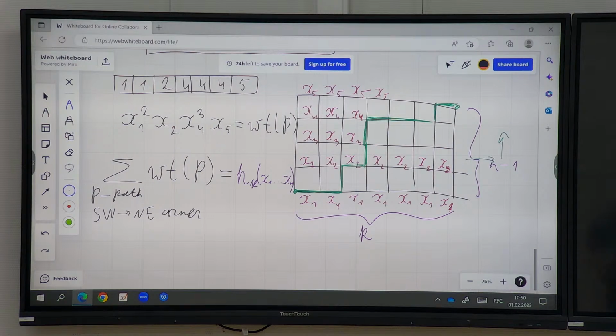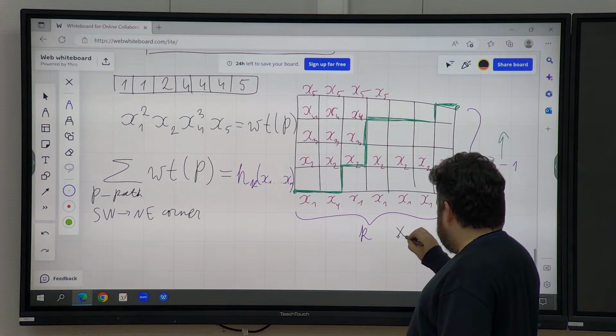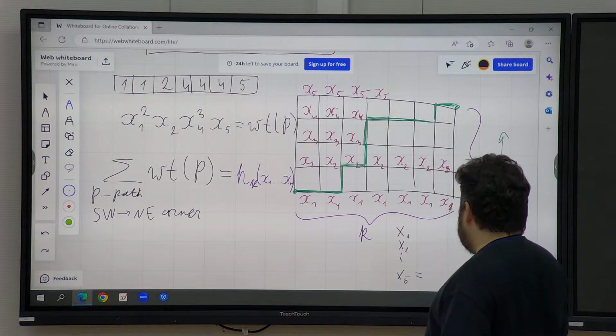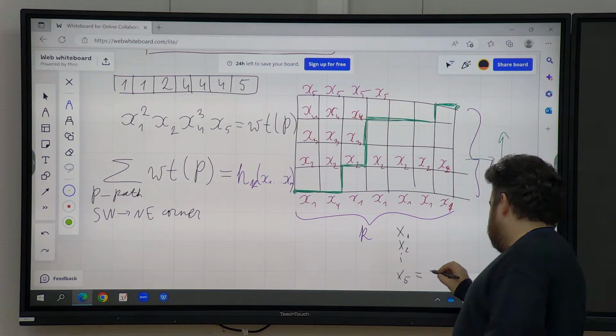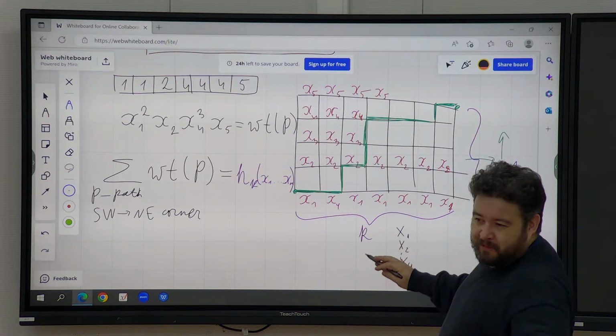Right, so what happens if we take the variables x1, x2, etc., the last one being x5, and we assign x4, I'll put it, x4 and dots in the middle.